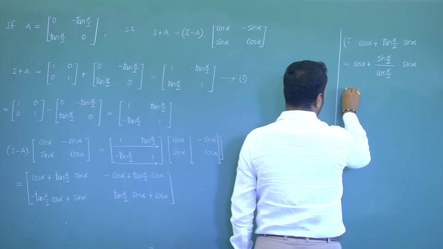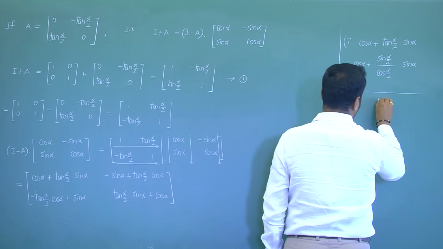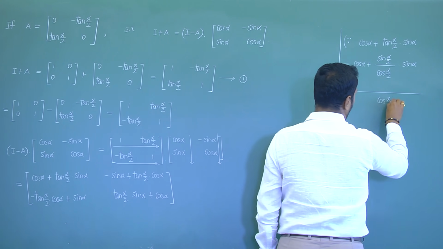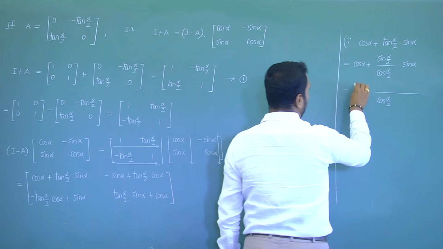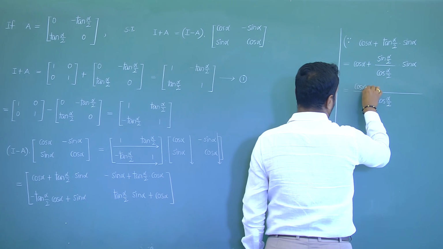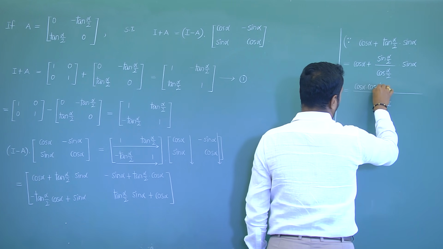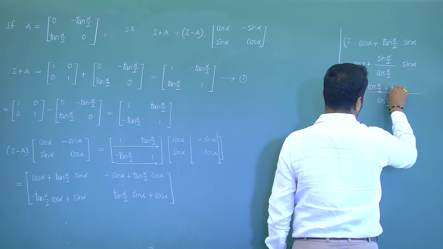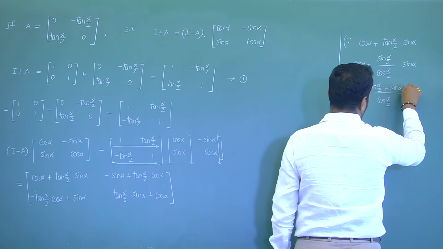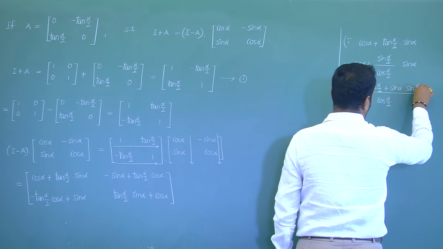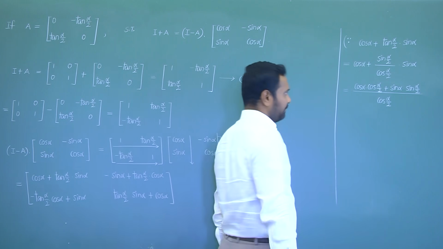If you take the LCM cos alpha by 2 and cross multiply, you will get cos alpha into cos alpha by 2 plus sin alpha into sin alpha by 2.